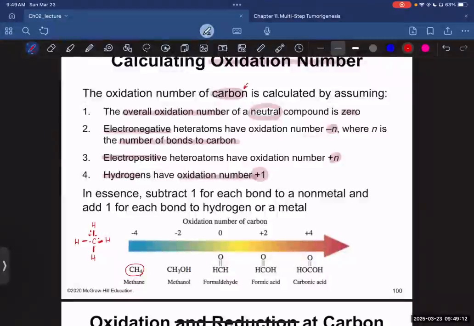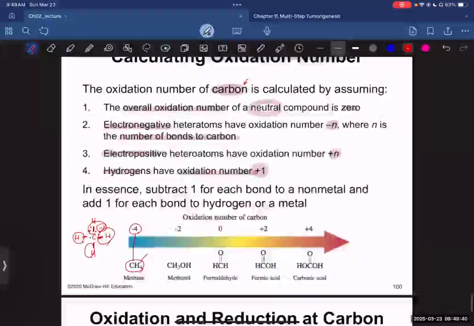And therefore, that carbon is now gaining one of the electrons. And so we're going to be causing that number to be -1 for each one of these electrons that it's gaining. And so because we have 4 bonds, we're now going to have -4 as the oxidation number for carbon. And for hydrogen, we said that they always have the oxidation number of +1.